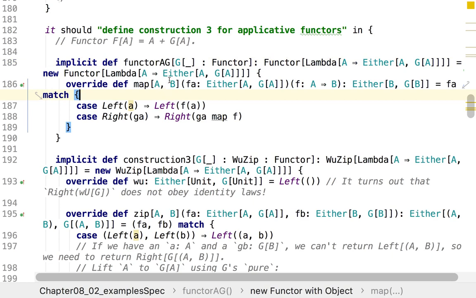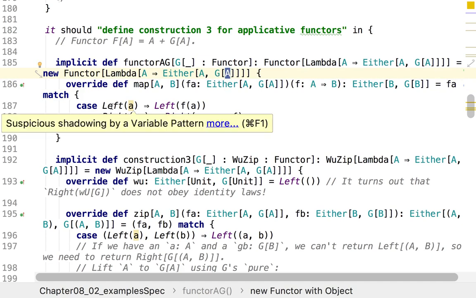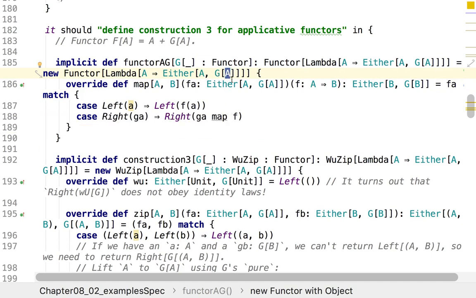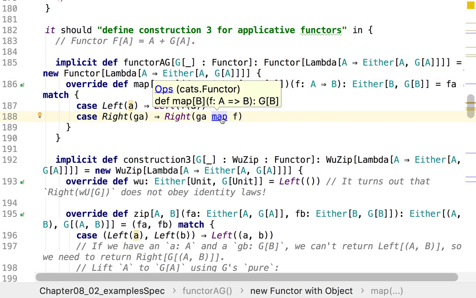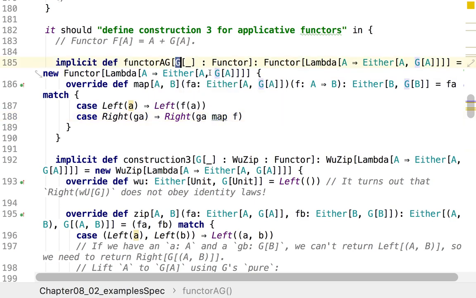So the functor instance is standard. We take a function f from a to b, and we apply it to a here or to a here, depending on where we are in the disjunction. And if we are here, then we need to map it over the G functor. So this is a map in the G functor. So we certainly need to assume that G is a functor for this to work. But this is standard.